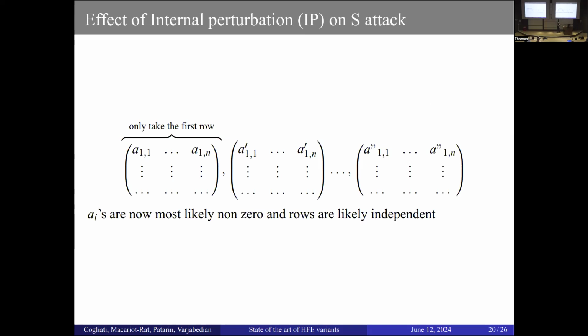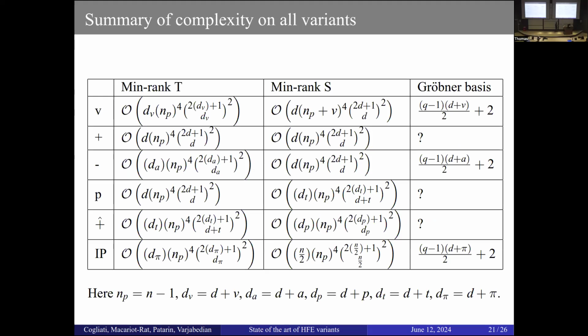As I said, we take the first row of each matrix. But now, as the matrix H is full, all of these matrices have non-zero rows, and the rows are likely independent. So obviously the rank will be increased.